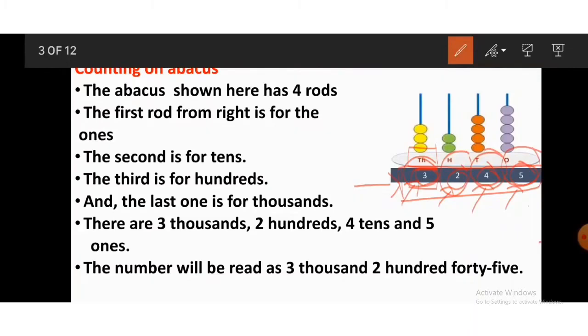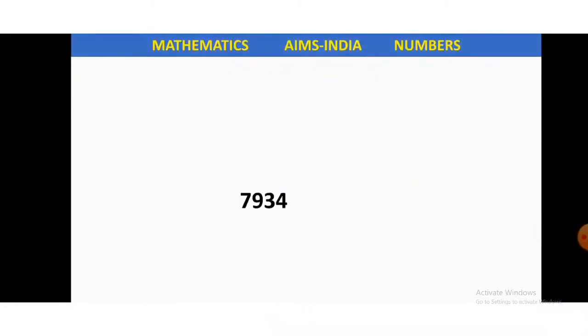Okay, depending on this place value, we are reading this number aloud as 3245. I hope this is clear, children. The place values are always written from the right. The first one is ones, second one is tens, third one is hundreds, fourth one is thousands. Okay.